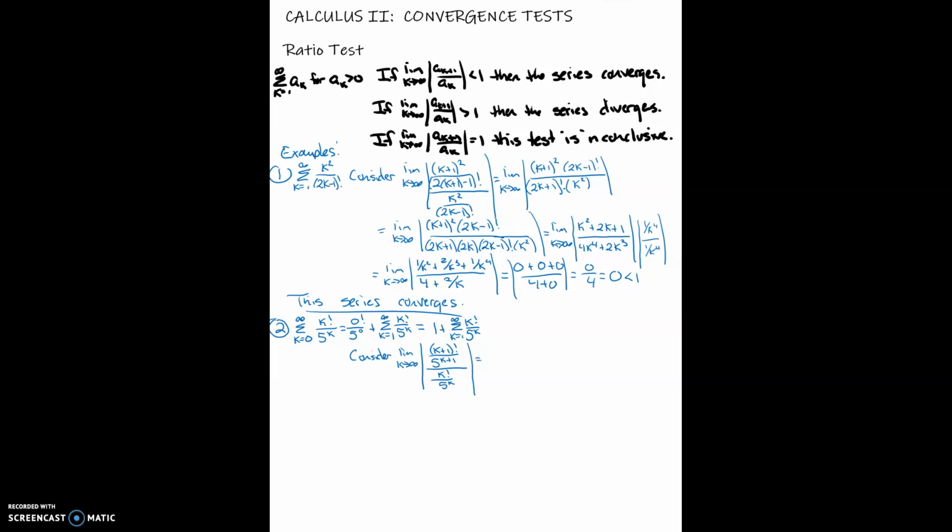All right, let's go ahead and multiply by the reciprocal here. We have k plus 1 factorial over 5 raised to the k plus 1 times 5 to the k over k factorial.